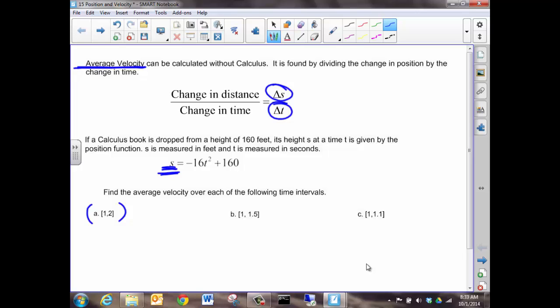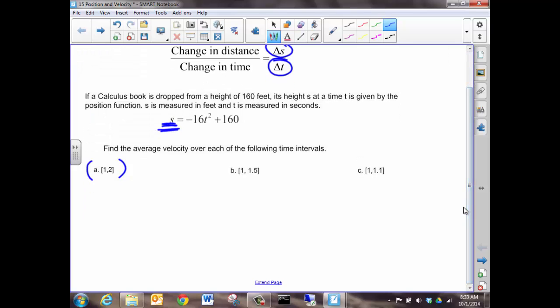Not how far we've gone in 2 seconds. How far have we gone from 1 second to 2 seconds? So, how would you do that? If you knew where he was after 2 seconds and subtract where he was after 1 second, that tells you how far he's gone in that 1 second, doesn't it? Divided by the time that he took, his 2 seconds minus 1 second.